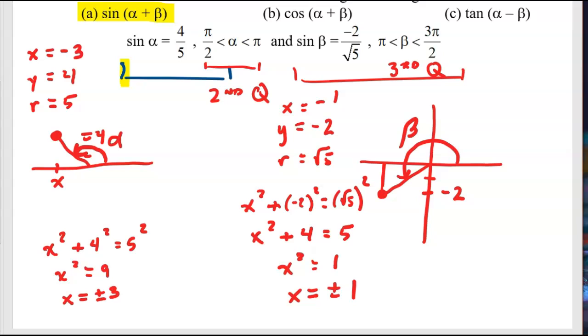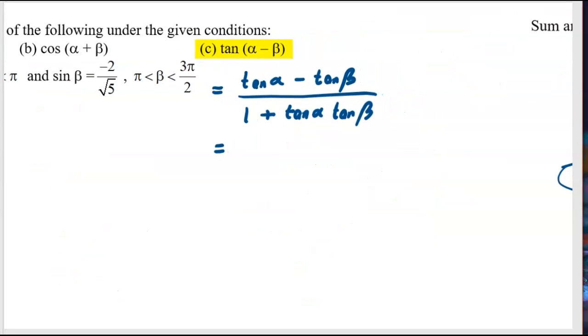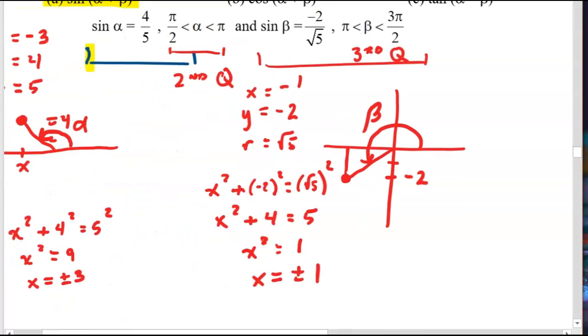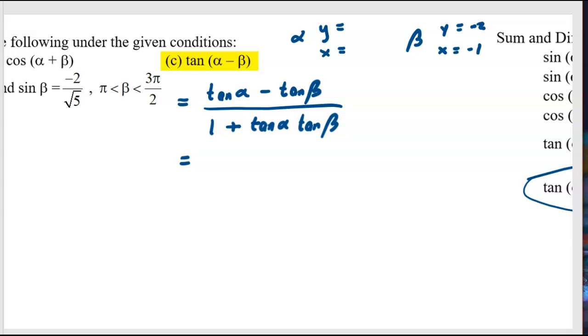Okay, so let me just write that up. So for alpha, we had our y and our x value for alpha, and then for beta, we had our y and our x value. So 4 and negative 3. Just a reference.